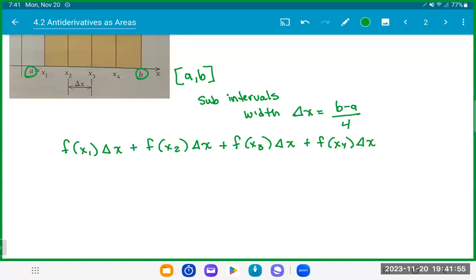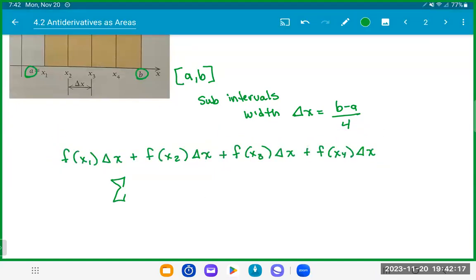So we can denote the sum with summation or sigma notation, which uses the Greek capital letter sigma. That is this capital E looking symbol. We can write the equation we've just written out in summation notation: f of x sub i times change in x, where i goes from 1 to 4.